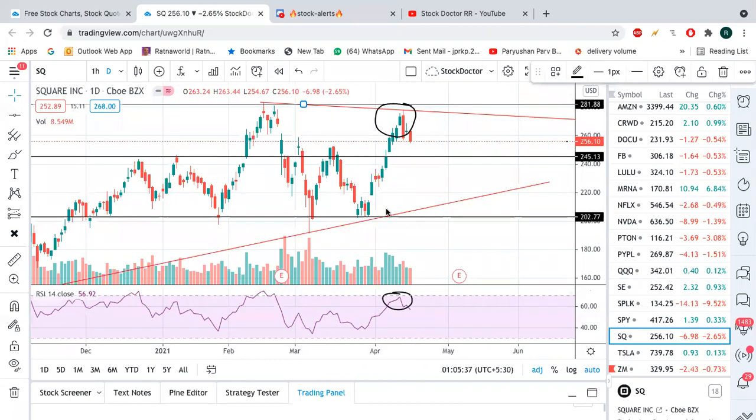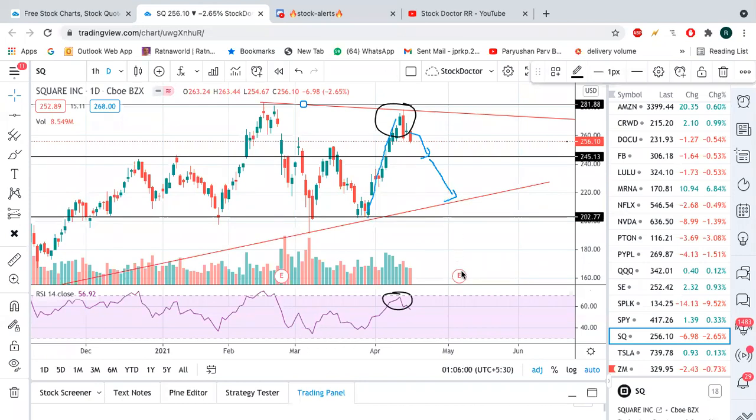So as we all know, if the stock was in an uptrend followed by a bearish engulfing pattern, then the stock has a high probability of giving a correction. The first correction I can see from here is towards the 245 level and then the 220 level.